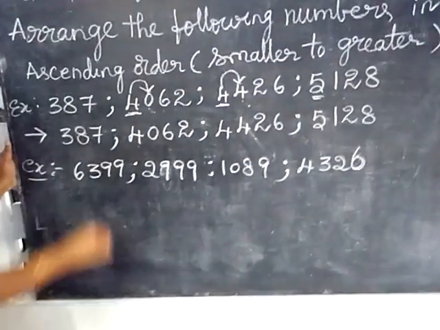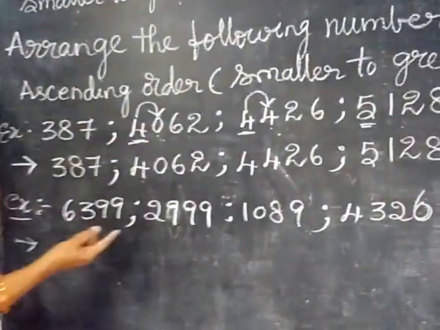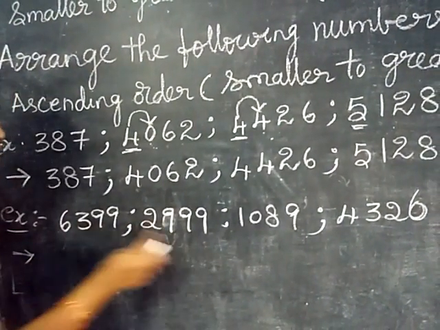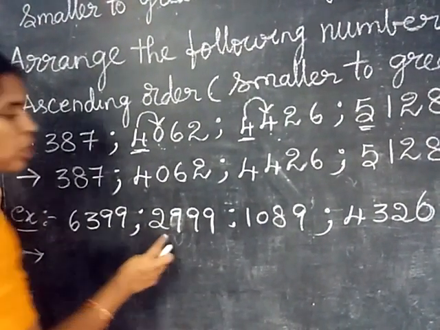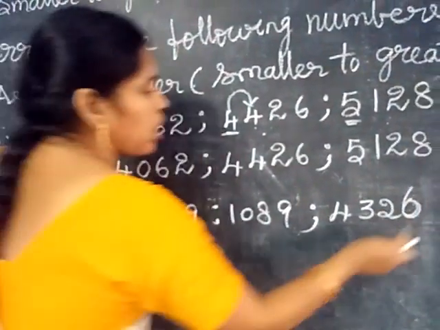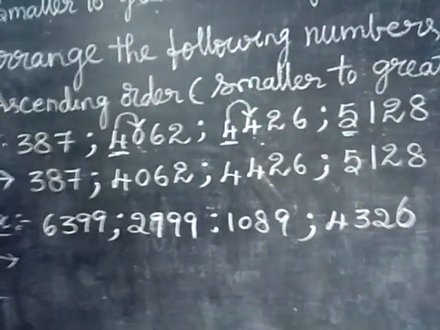See here, first step, what you have to do, count the number of digits in each number. 1, 2, 3, 4. 4 digits in the first number. 1, 2, 3, 4. 4 digits in the second number. 1, 2, 3, 4. 4 digits in the third number. 1, 2, 3, 4. 4 digits in the fourth number.